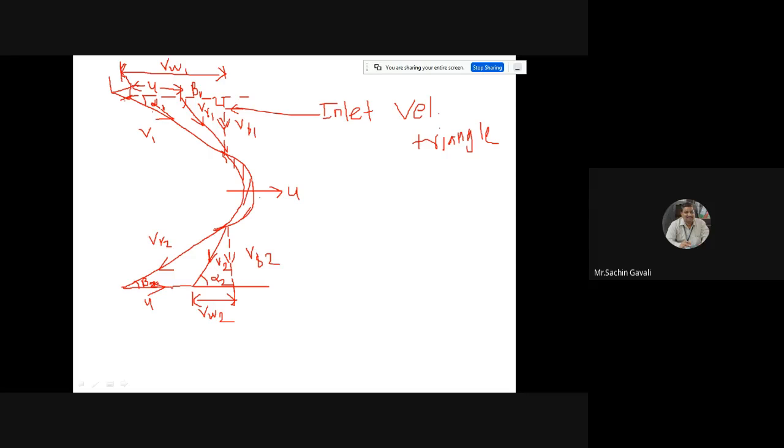And the relative difference with u here is vr2. This is called the outlet velocity triangle.